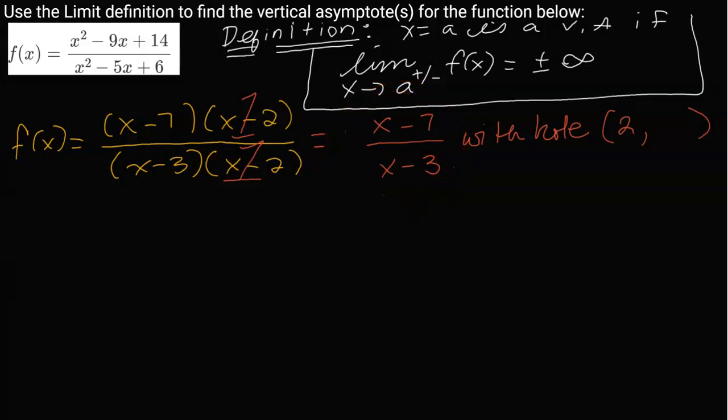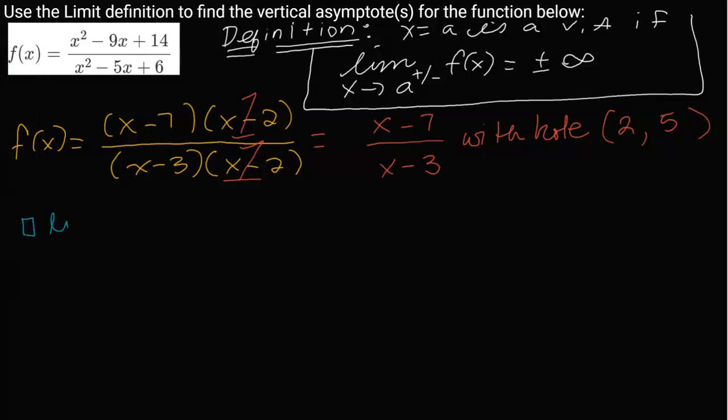So when we plug in 2, we'll have negative 5 in the numerator and negative 1 in the denominator. Negative 5 divided by negative 1 would be a positive 5. So the hole is at (2, 5). And what is left is something that you should consider a suspect for the vertical asymptote. Okay, so we are going to take a look at what happened.